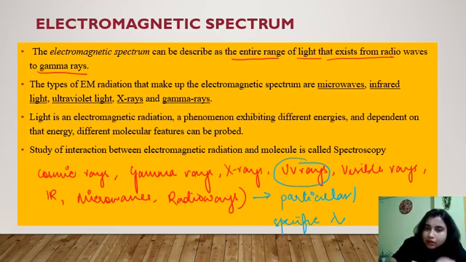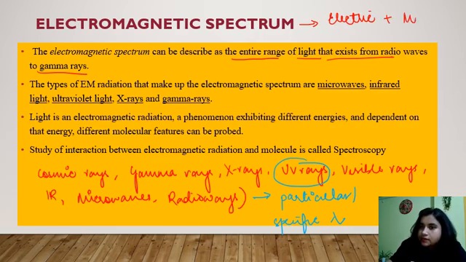We call it electromagnetic because these waves have both electric and magnetic properties.